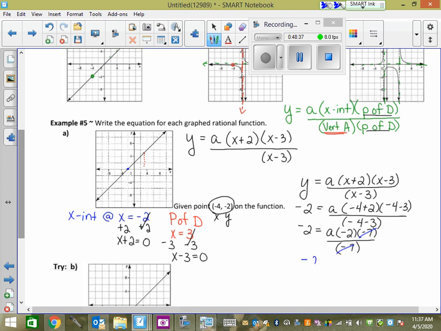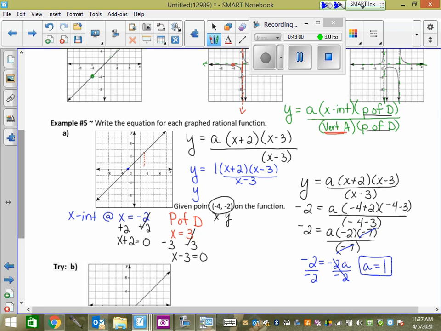So now I have -2 equals -2a, divide by -2. A actually equals 1. It doesn't always equal 1, but in this case it equaled 1. So there's no stretch and there's no reflection. So my equation is going to be 1, x plus 2, x minus 3 over x minus 3.